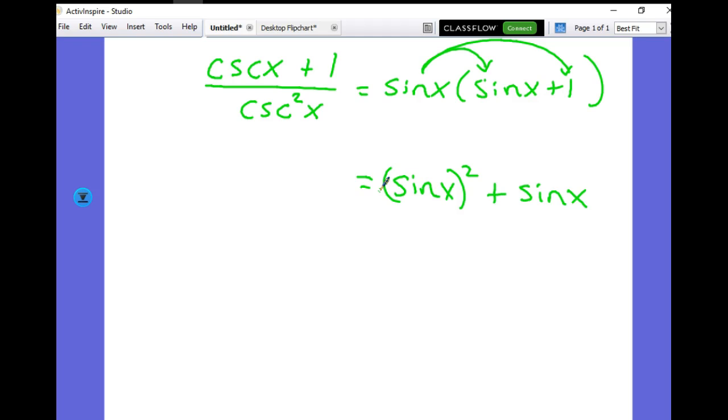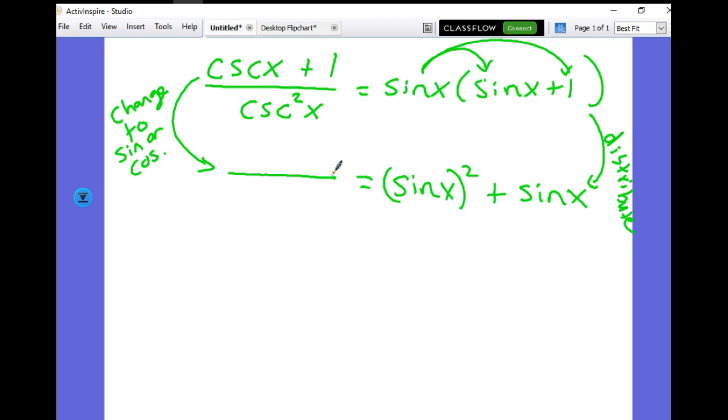But over here on the right side, the first thing I'm going to do is I'll write what I did here. On this side, I'm going to change everything to sine or cosine. You're going to want to do that pretty much every time. All right, so over here on this side, cosecant.